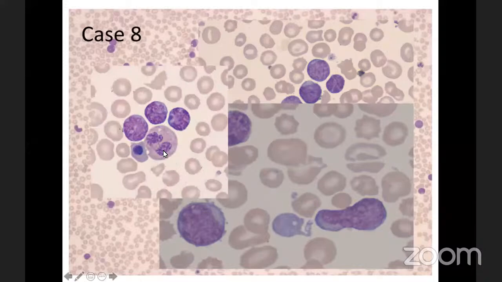Reactive neutrophils with vacuolation, toxic granulation, and we have also 3 small blasts here, high N:C ratio, convoluted nucleus, prominent small nucleoli, 1 to 2, scant cytoplasm, agranular. If you notice here in this blast, there are small blebs from the cytoplasm.